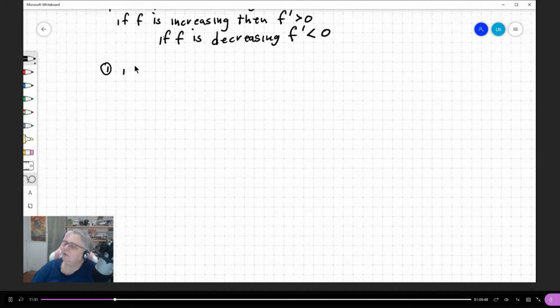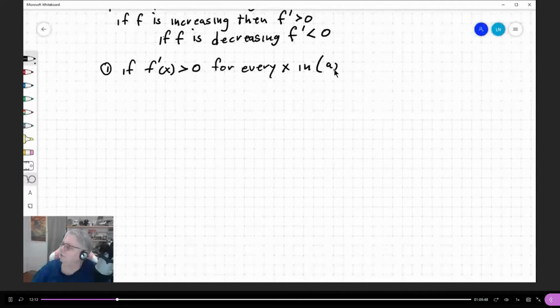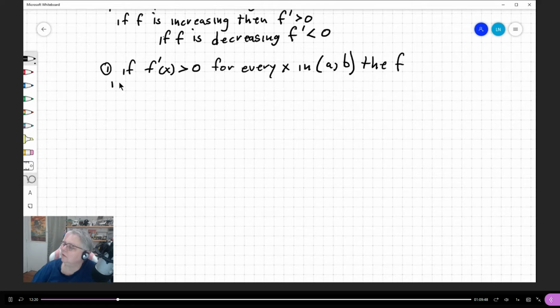First part is if f prime of x is greater than 0 for every x in an open interval from a to b, then f is increasing on that open interval.